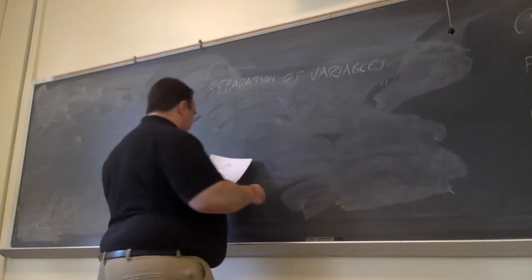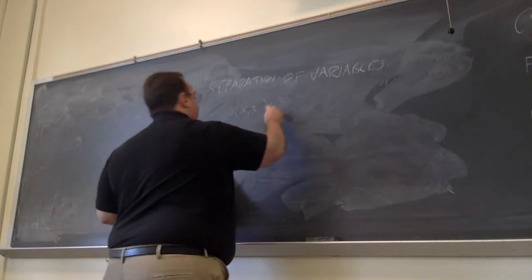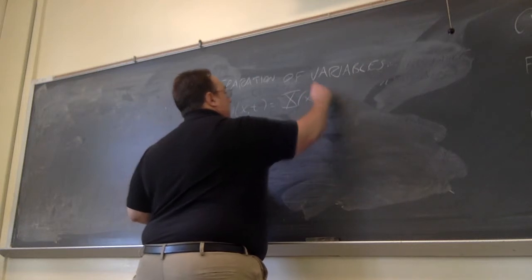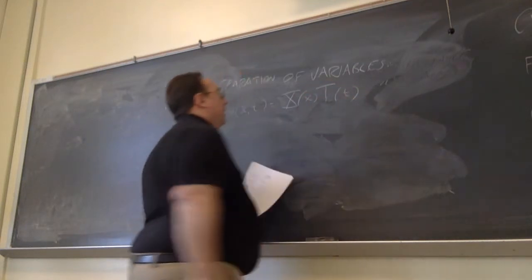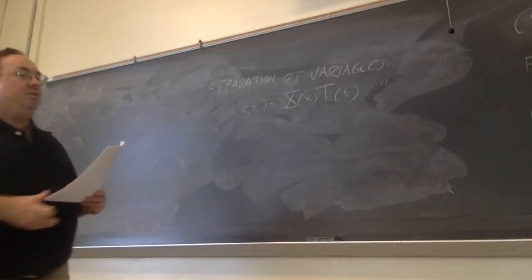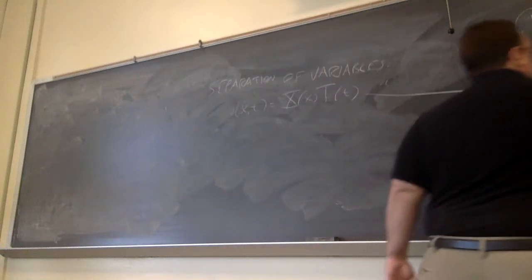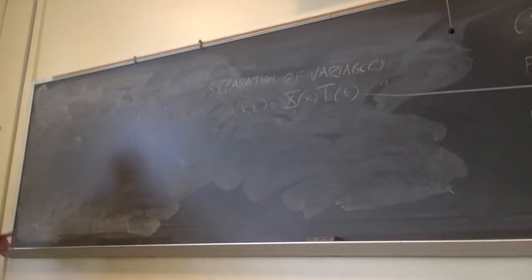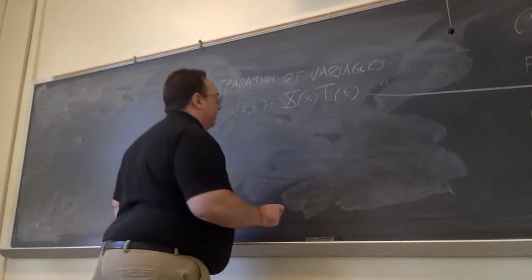All right, so I'm going to assume a solution has a form where it's a product of a function of x and a function of t. So what you can do is substitute that form into the PDE. Go ahead and compute the derivatives with respect to x and t, which will be simplified in this case.